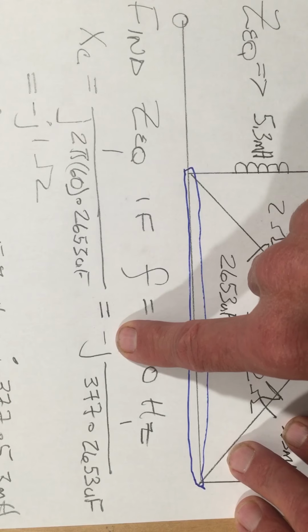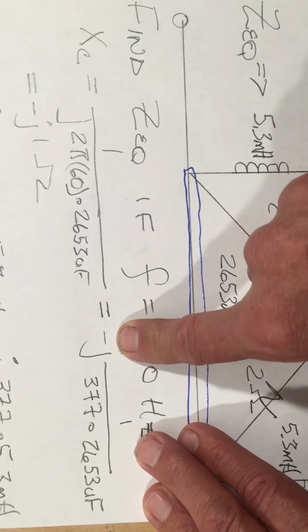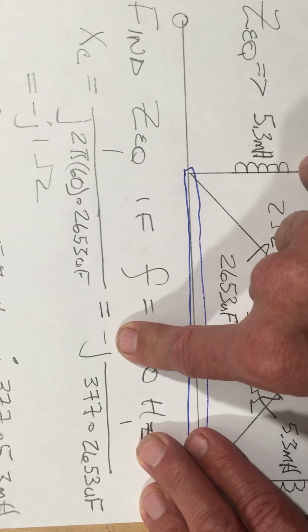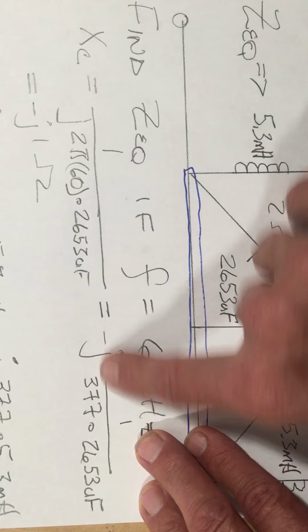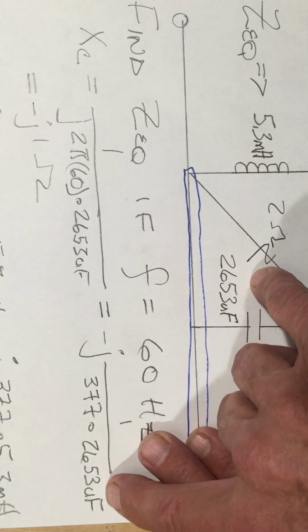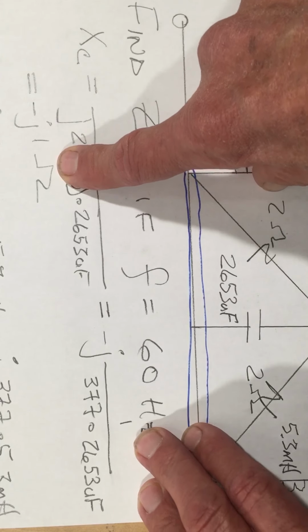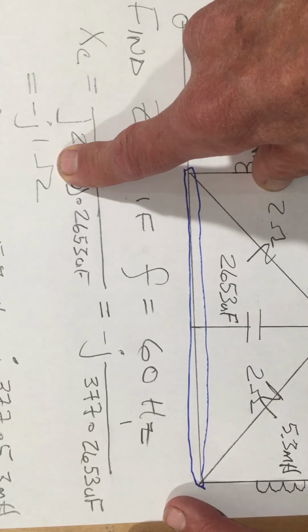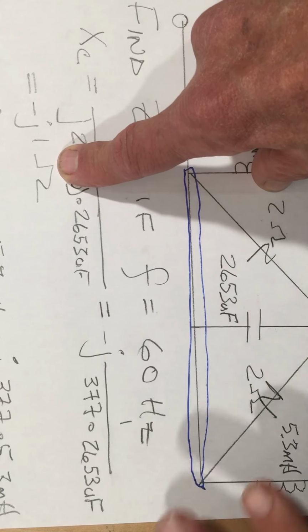Bring the J up, it becomes minus J, just some math. You should know how to do this. Anyway, 1 divided by 377, 2 pi 60, times 2653 microfarads, I get minus J1 ohm. Okay? So everywhere I have a capacitor in that circuit, I'm going to turn it into minus J1 ohm.